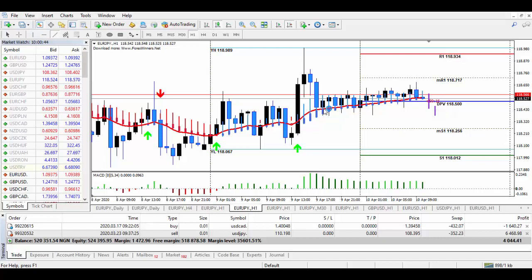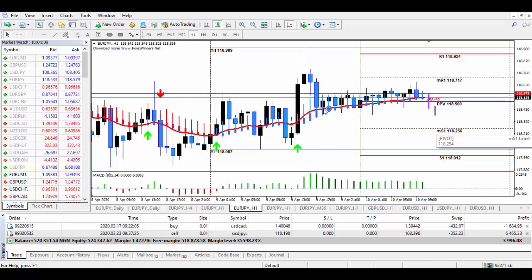So what if this level of support is broken? Once you take a sell trade here, we have another level of support here. So if you take a sell trade somewhere here, you can look forward to take your profit on this support, because this support will also disturb the price and stop the price from going lower.